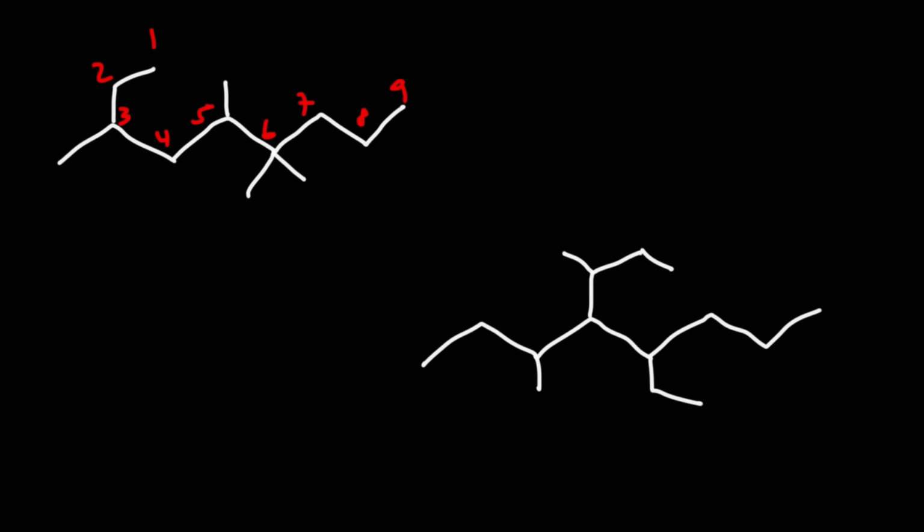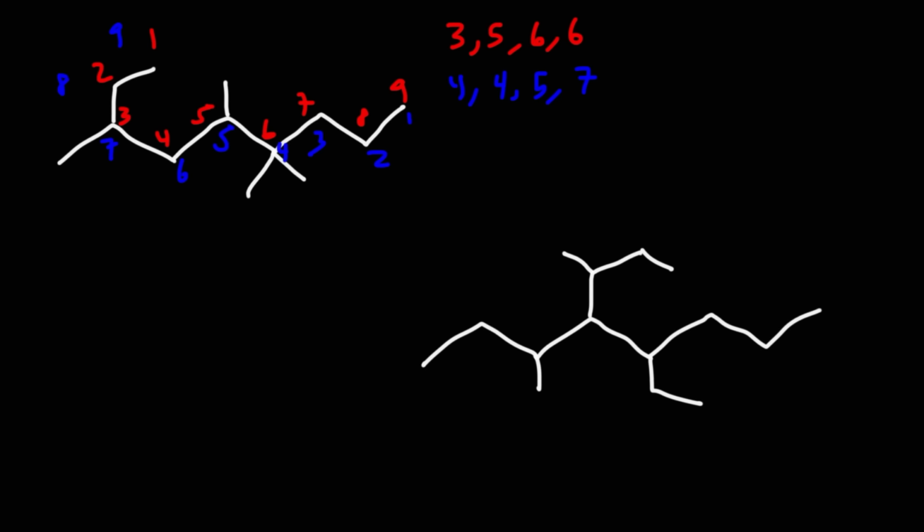So we have substituents on carbons 3, 5, and 6. If we were to number it the other way, the substituents would be 4, 4, 5, 7.